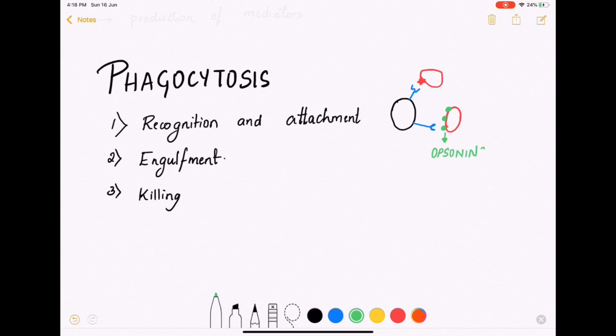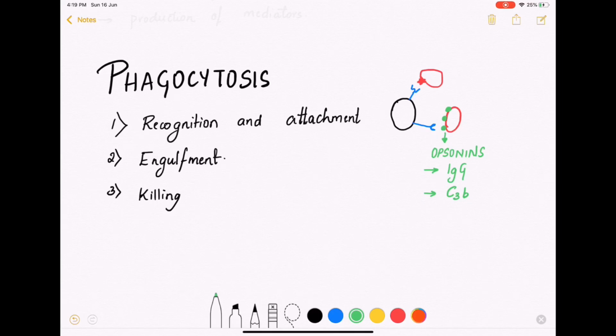So the opsonins make the antigen or the bacteria more tasty for the phagocytic cell. The common examples of opsonins we need to know are IgG immunoglobulin and C3b complement protein. And this entire process of making phagocytosis more effective by the action of these opsonins is called opsonization.